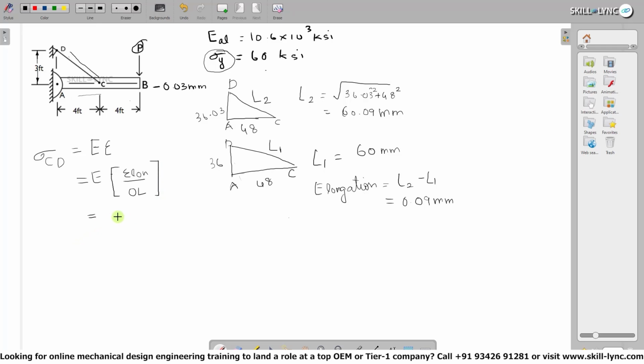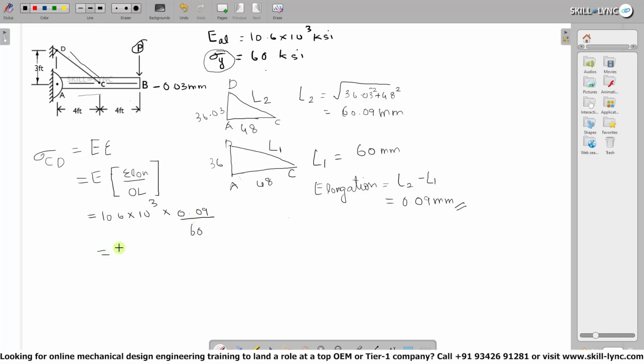Because we know the Young's modulus from the given values, we substitute: 10.6 into 10 to the power 3 into the elongation we found previously, 0.09, divided by the original length, which is 60.